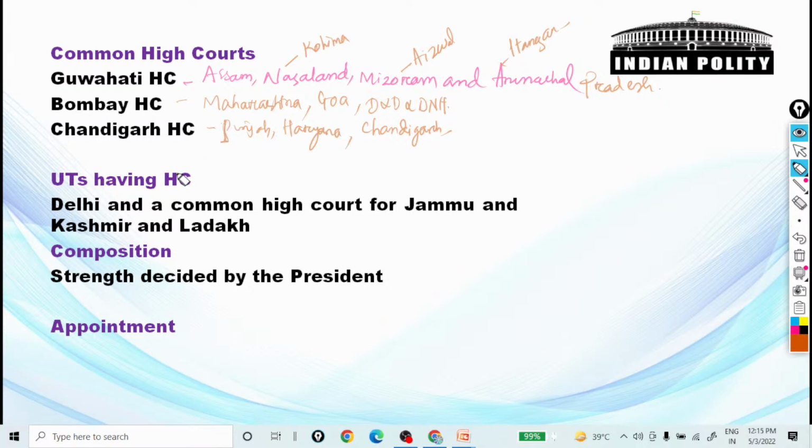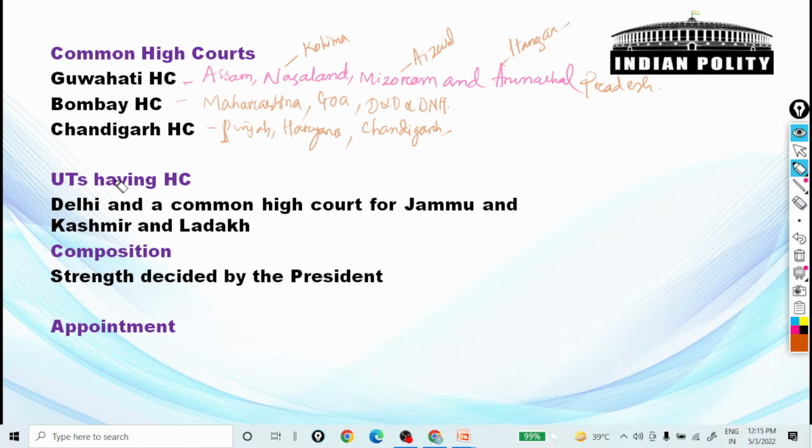And as I told you, Parliament is authorized to establish a High Court for union territories if it feels appropriate, or if the population increases, then there may be a requirement for a high court in the union territory.